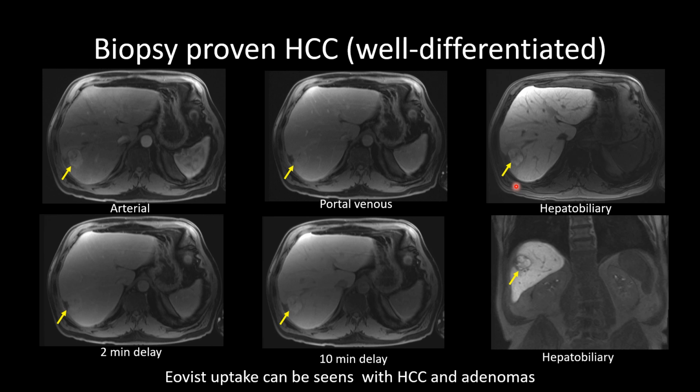I will tell you in my experience, the HCCs tend to have a well-defined hypointense capsule around them on hepatobiliary phase, and they tend to be moderately T2 hyperintense, more than you would expect for that stealth lesion of FNH. They also tend to be mildly hypointense on T1.